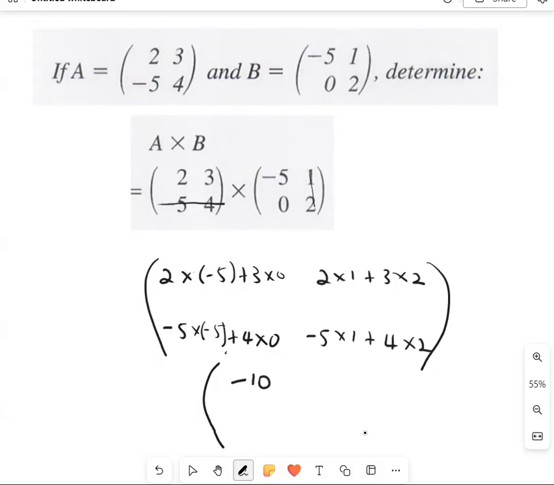What's this? 2 by 1, 2 plus 3 by 2 is 6. That's 8. Then minus 5 by minus 5 is positive 25. And then this is what? Negative 5 plus 8 is 3. So that's your answer.